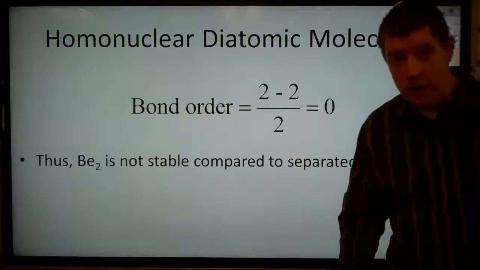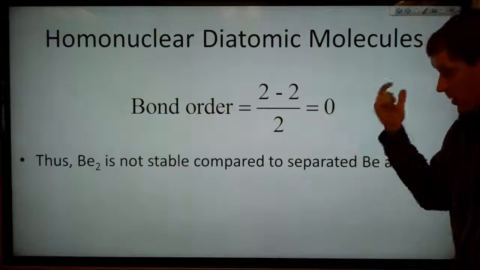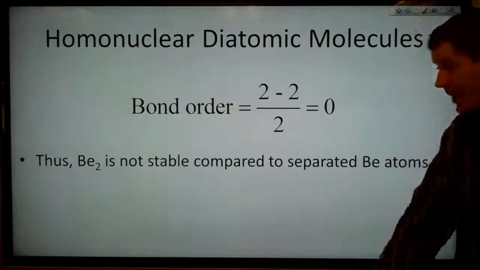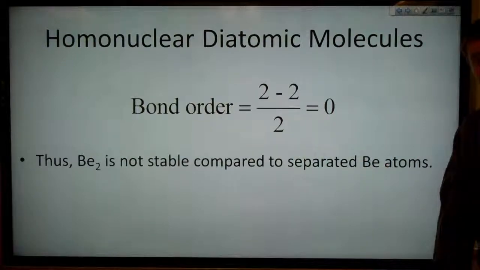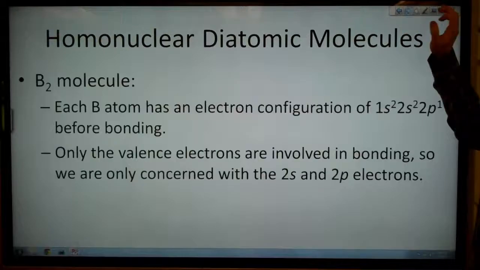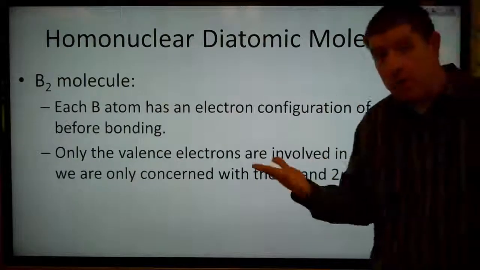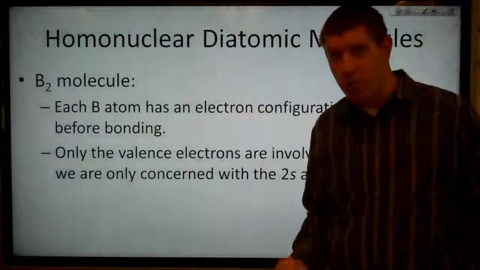The bond order then is 2 bonding electrons minus 2 anti-bonding electrons divided by 2, which is 0. So diberyllium is not stable compared to the separated beryllium atoms. There's no reason for them to bond together, so it essentially doesn't happen. There's nothing pushing them apart either, but there's nothing holding them together. So if they collide, they'll just move apart again.